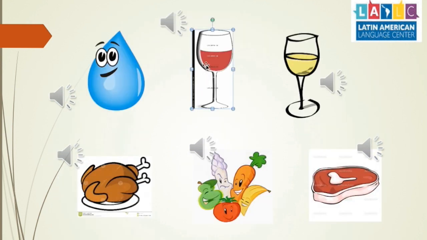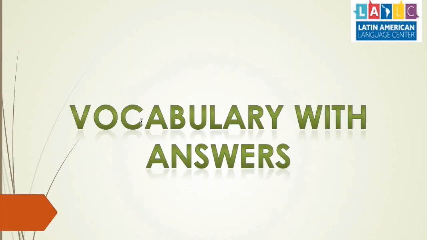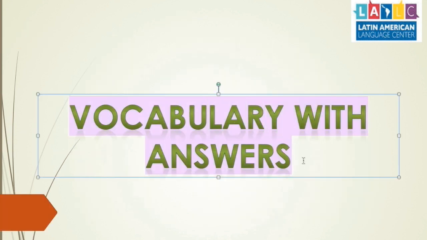Tomar vino blanco. Once we work on this and we repeat, tomar or comer pollo, comer vegetales, comer carne, then here we go with vocabulary with answers. And here you can read it and actually write it down.